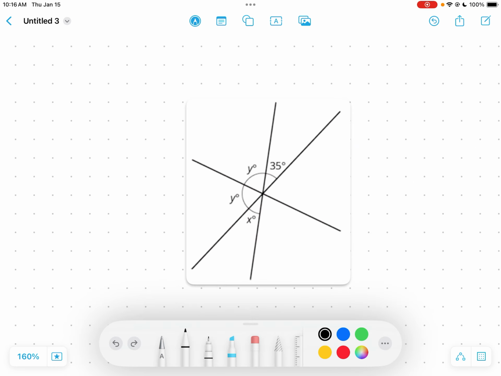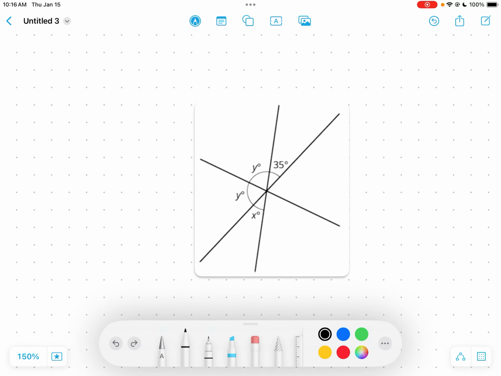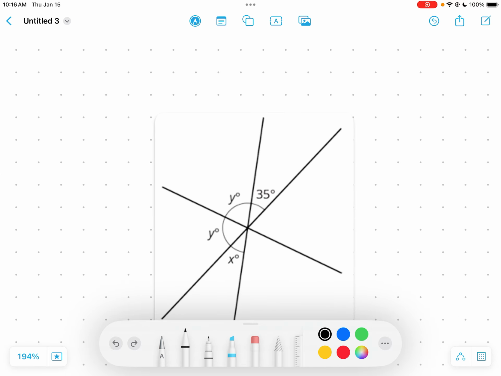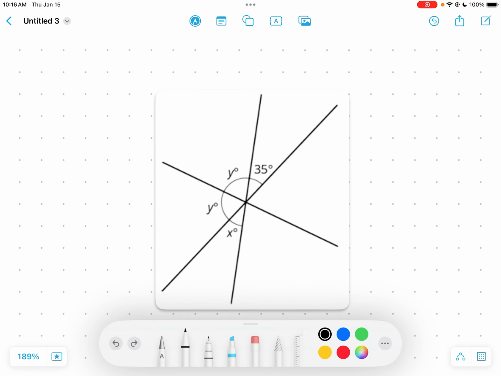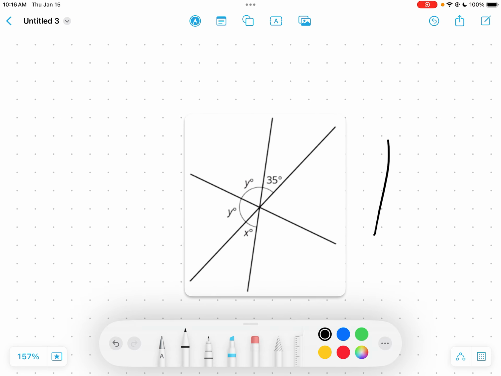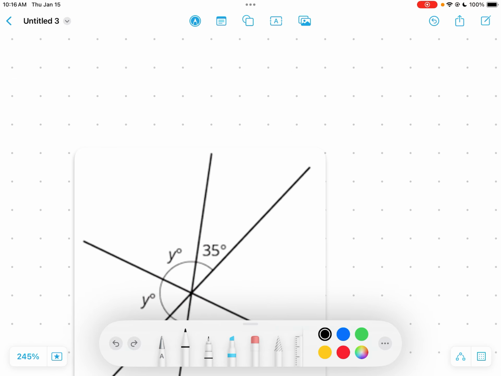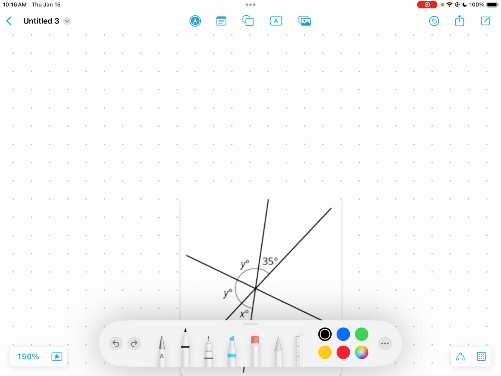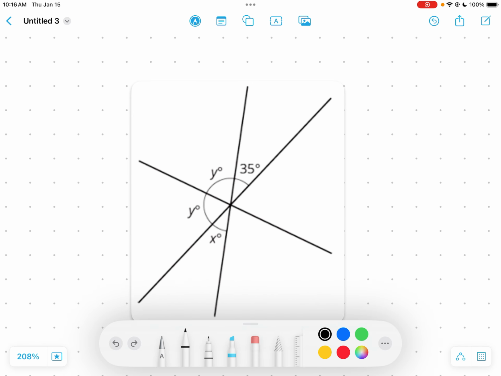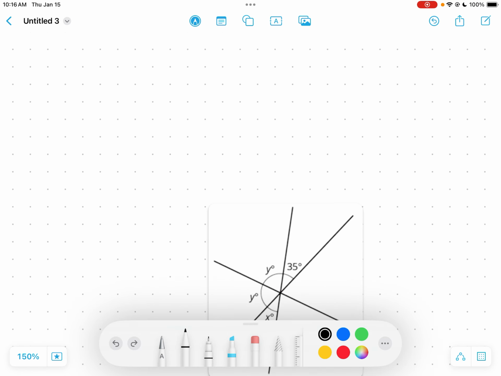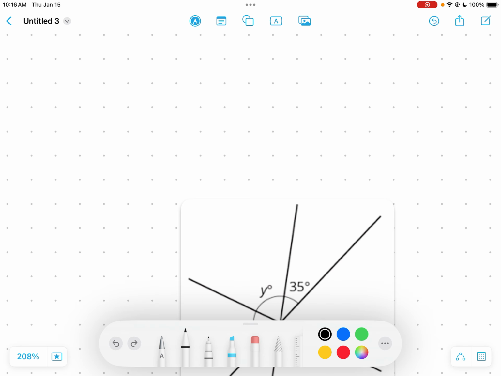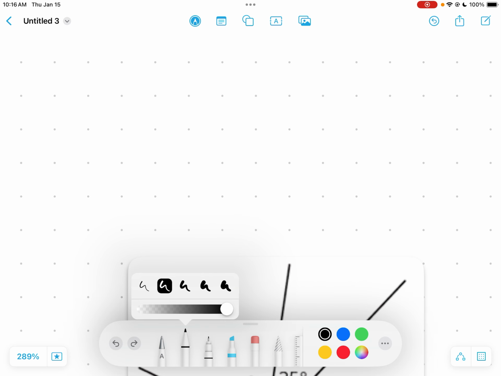Hello everybody, today we will be solving an angles problem, and we are going to find the missing values of the diagram. And I will now show you how to solve this problem. First, we need to find the values of y and x. So let's write that down.